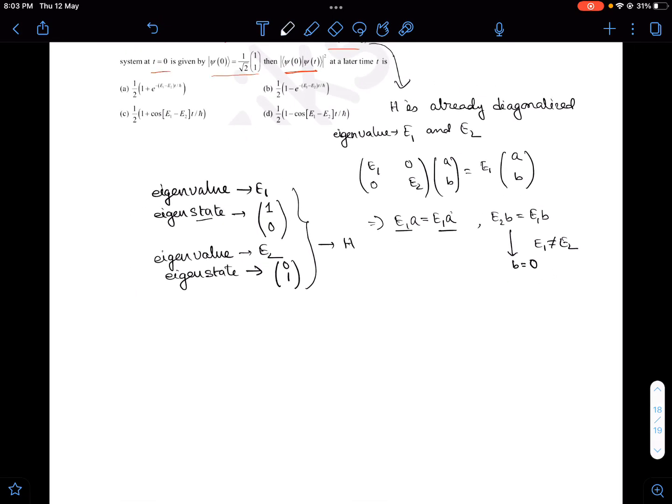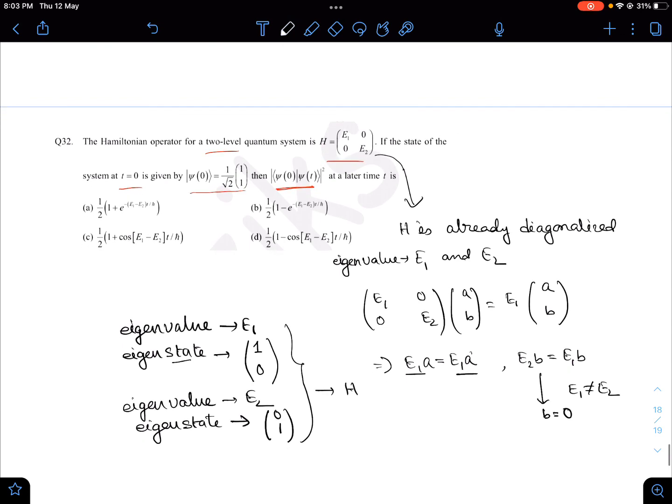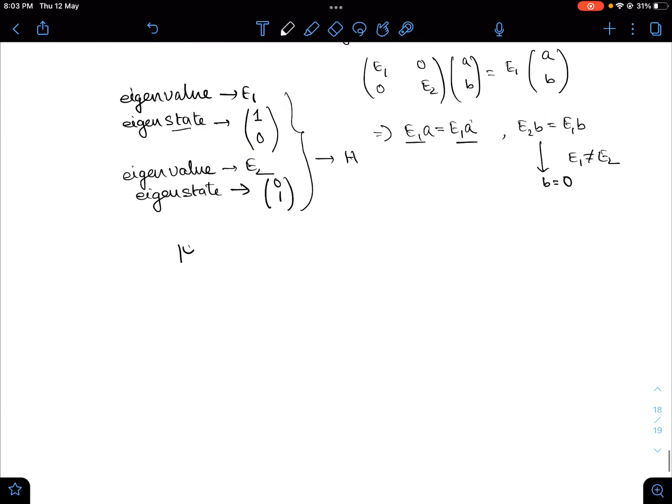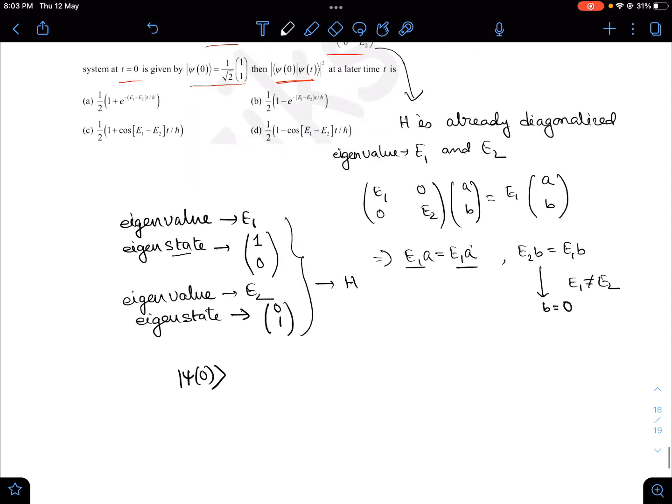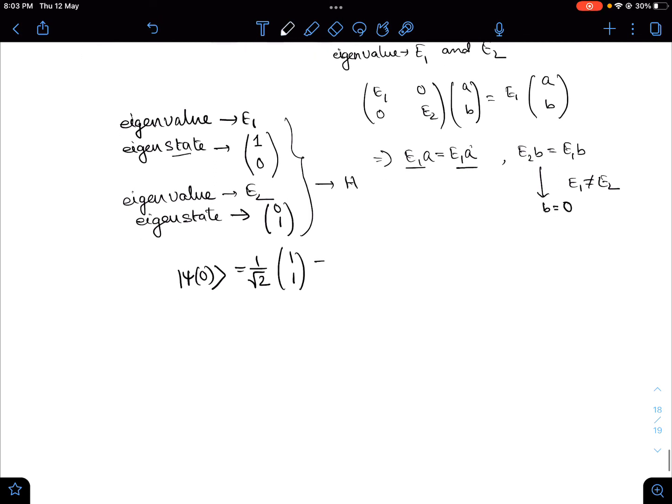Now let us write the state at time t equal to 0. At time t equal to 0, the state is given as 1 by root 2 (1, 1). We can write this as 1 by root 2 (1, 0) plus 1 by root 2 (0, 1).